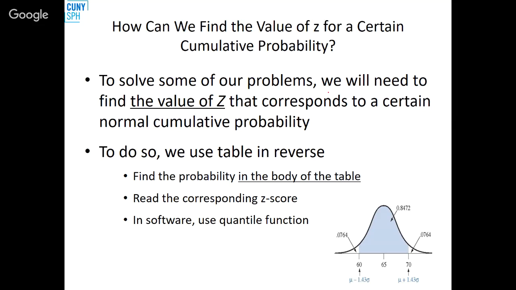This is probably going to be asked either for some symmetric area about the middle or for a left tail or a right tail, as opposed to some arbitrary interval.